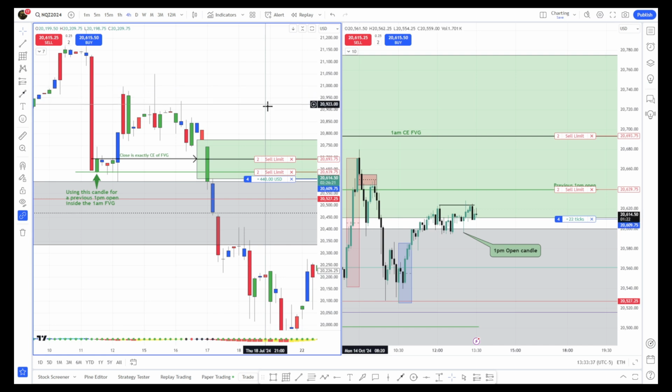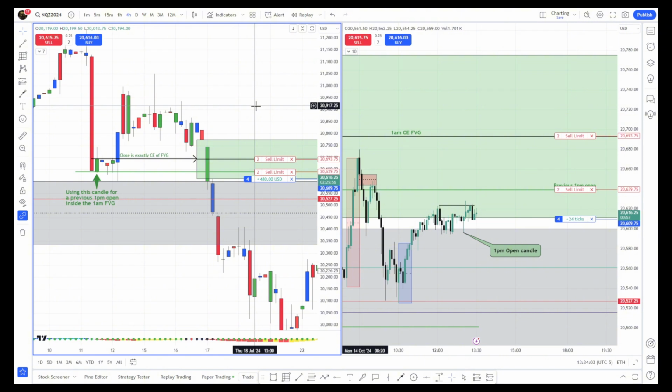A lot of these concepts that I'm using on the 4 hour are a combination of what I've learned from a couple mentors, ICT being one of them, and the currency merchant being another one.